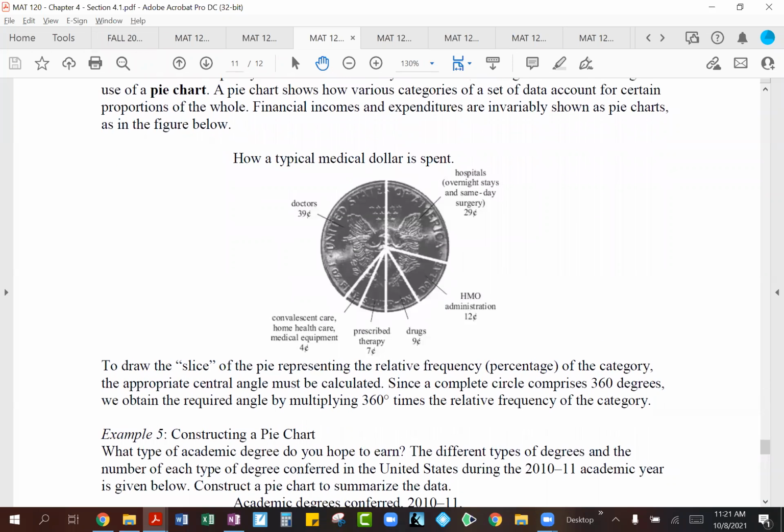What happens in a pie chart is basically you're taking your 100% of the data and breaking it down into how much of our data is part of each category.